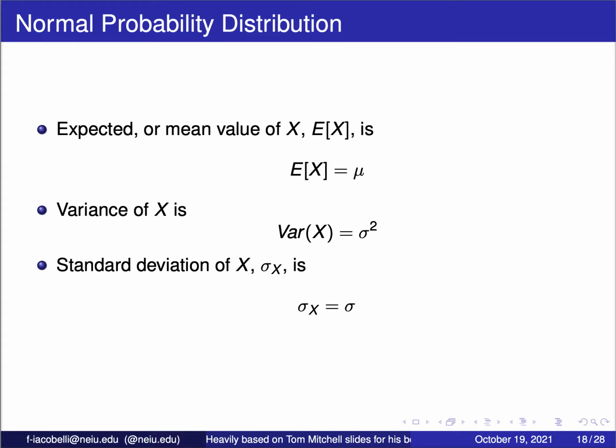Now, if we have a normal probability distribution for the error, the expected error is the mean of the errors, so the average. The variance is going to be sigma squared, and the standard deviation is just going to be the square root of that, sigma.